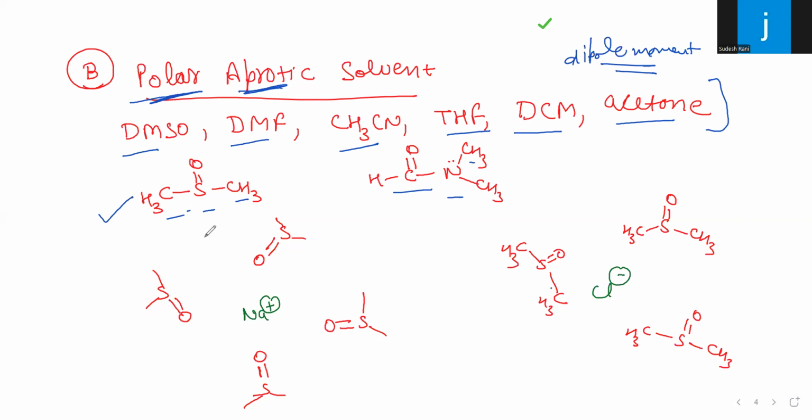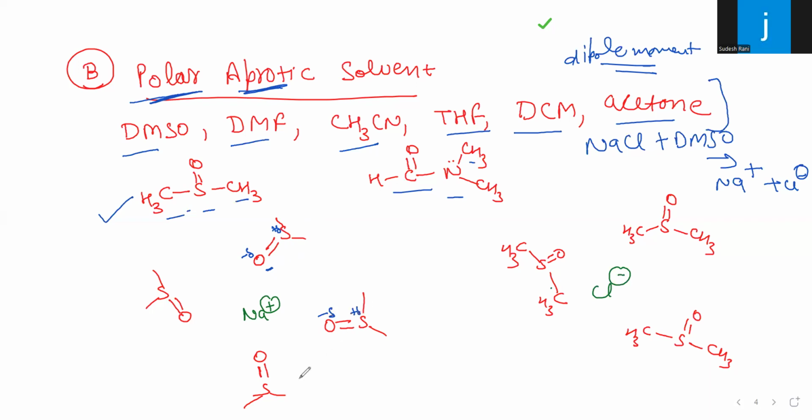So consider the same example. We have been dissolving NaCl in DMSO. What happens? NaCl dissociates into its ions, Na plus and Cl negative. So in case of DMSO, this oxygen is heading towards Na positive. There is partial negative charge on oxygen and partial positive charge on this sulfur because of the difference in the electronegativities of these two atoms.